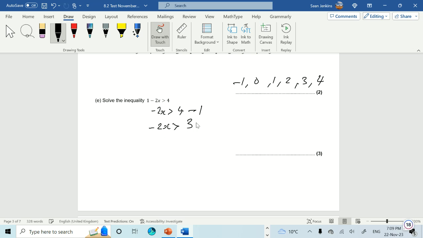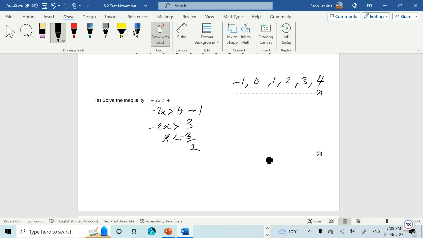If minus 2x is bigger than 3, it tells me that x, and now here's the trick, x is less than, if you divide by a negative, you change the inequality sign around and it becomes minus 3 over 2.